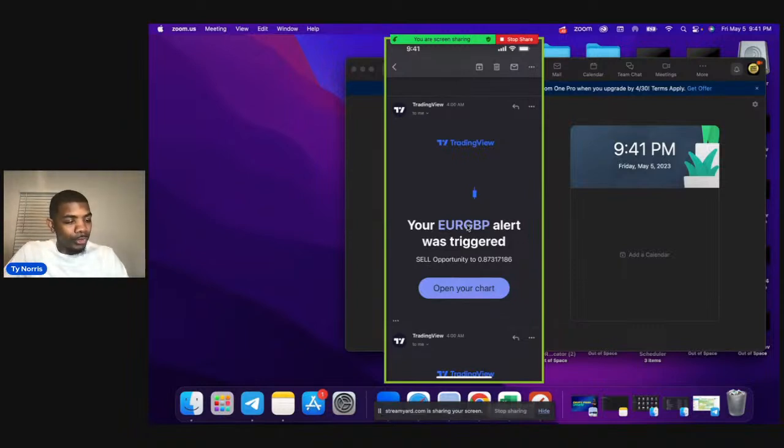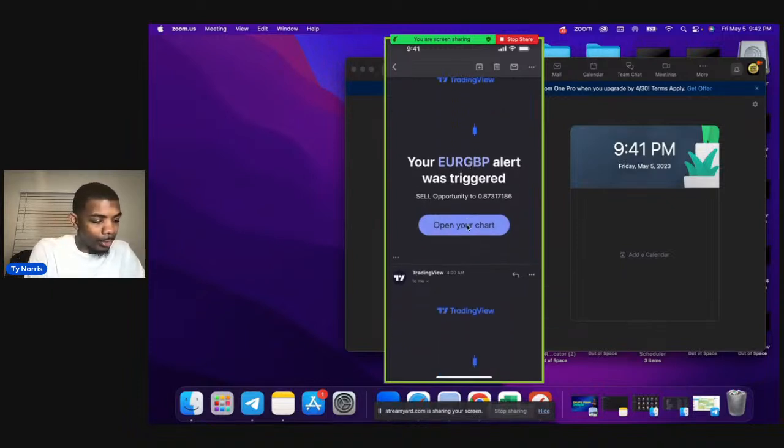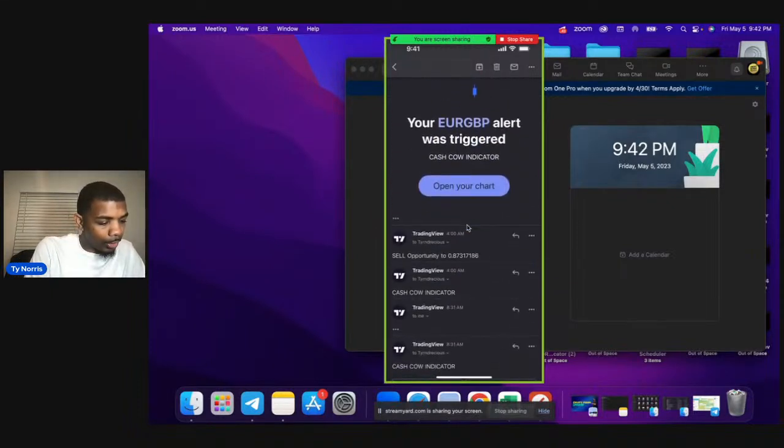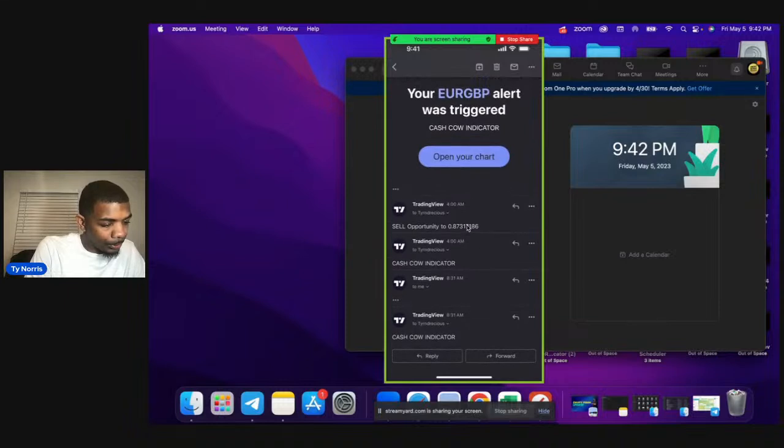It'll say Euro GBP alert was triggered, sell opportunity 2. And then from there, I'll jump in, and then you'll also get alerts whenever it tells you to close it as well. See, like how this one came through at 8:31 a.m. It was saying that you had got the close sale alert. So everything will come directly to your phone.